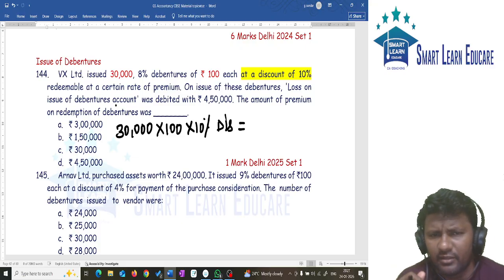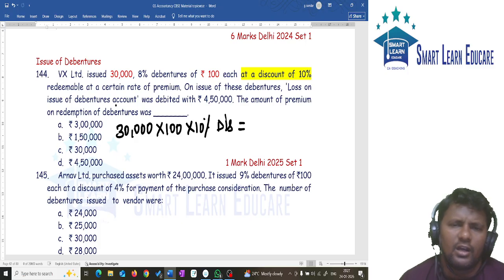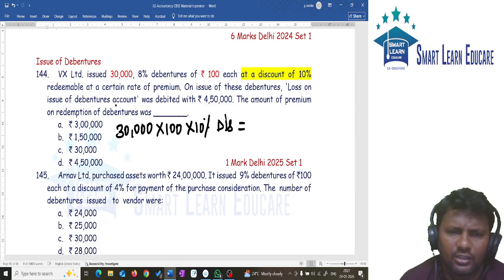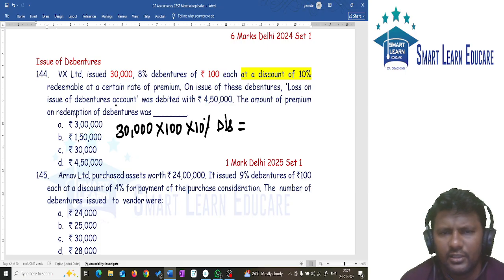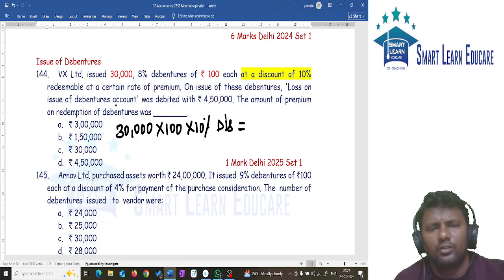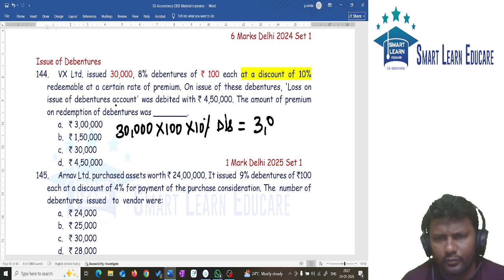Face value is 100, but you are issuing at 10% discount. The discount when you issue is the loss. 30,000 into 100 into 10% gives 3 lakh. This is the discount.